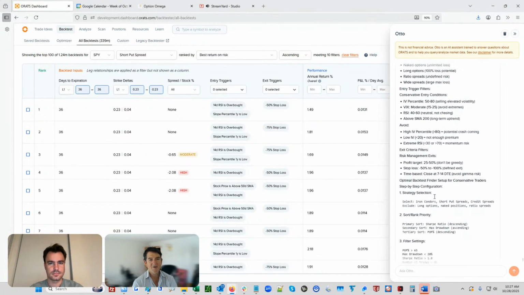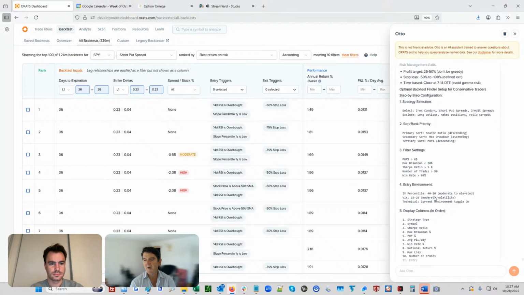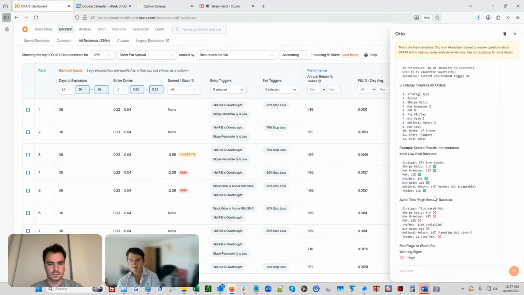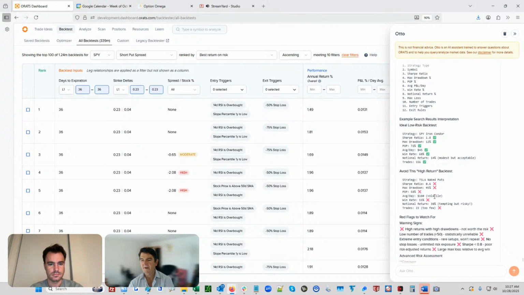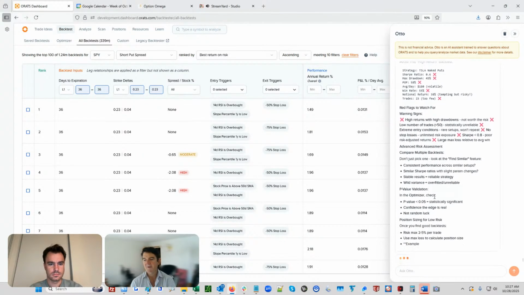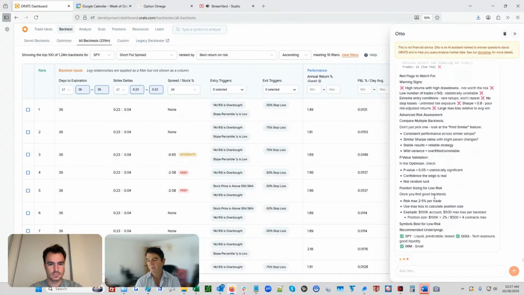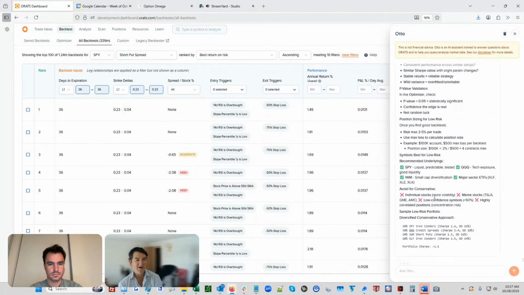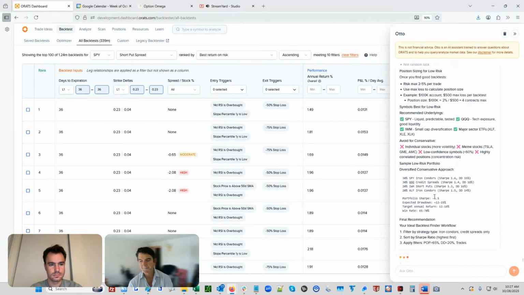We do have an active community, but this is going through in a lot of detail what you should be looking for, and it's showing some actual back tests. So it's just phenomenal that we're able to do this now, and this is where we're heading with using AI to get the most out of our tools.